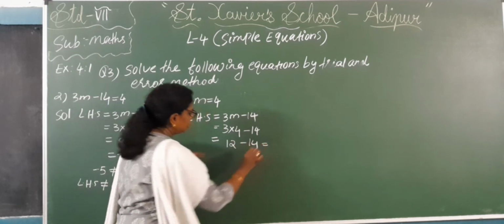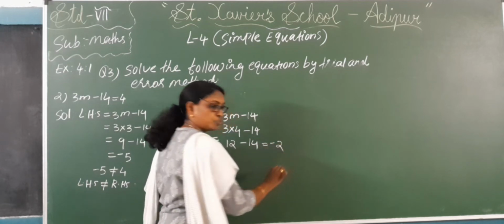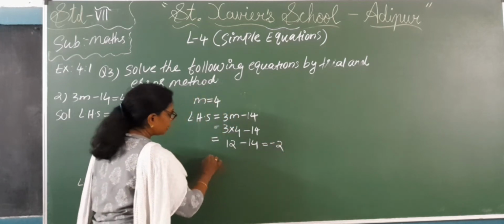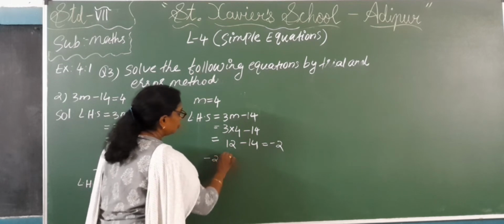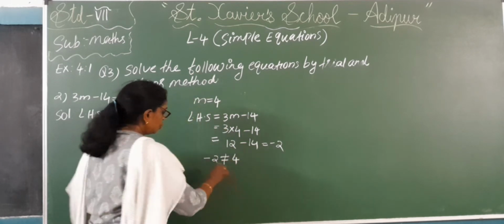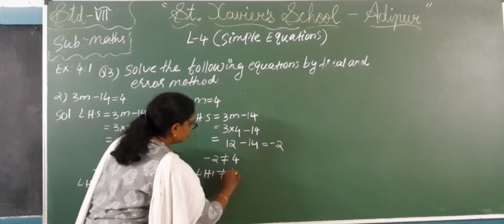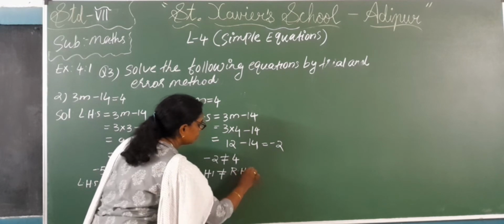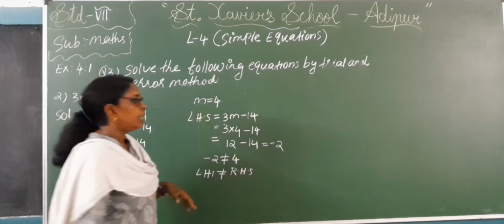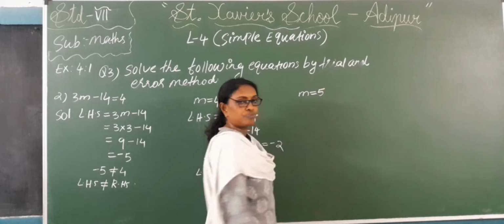What's the answer? 12 minus 14 is minus 2. So minus 2 not equal to 4. So LHS not equal to RHS.